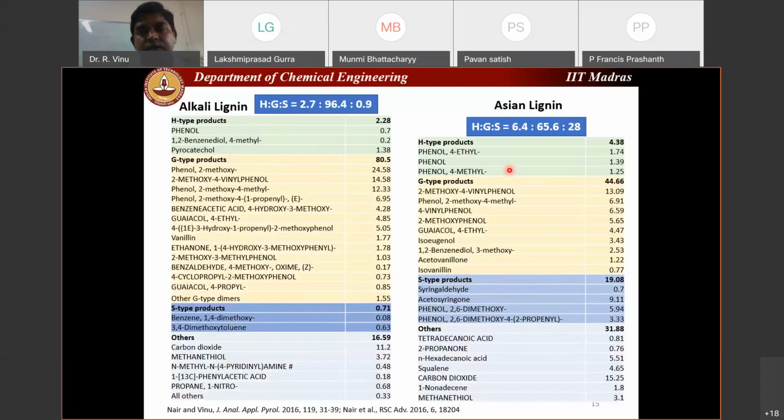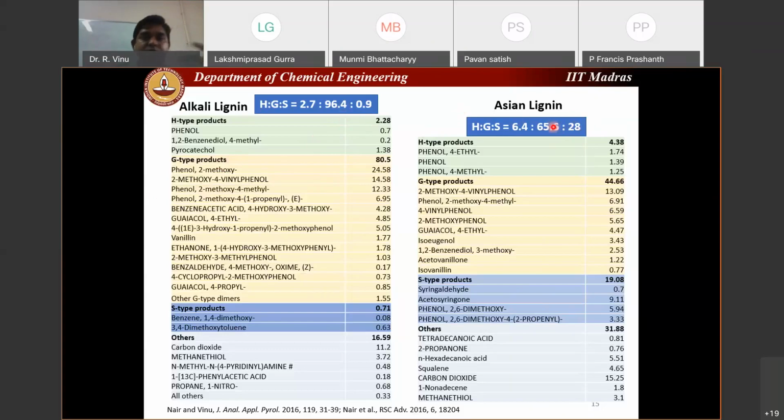You can see from this product distribution that the HGS distribution is very different. You can see that this alkali lignin is mostly of a softwood type, with a very high amount of the G type units, nearly 96. And you can see this Asian lignin, which is derived from grass, Sarkanda grass, contains a significant amount of sinapyl units.